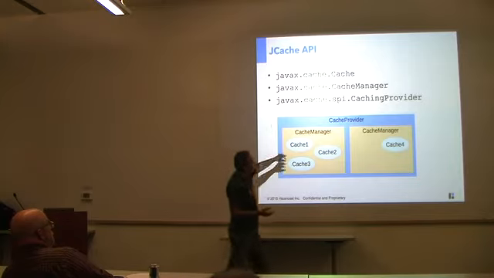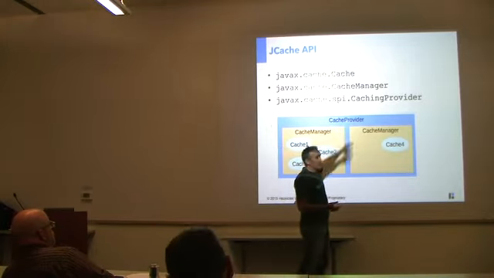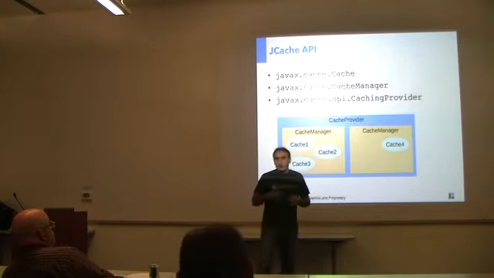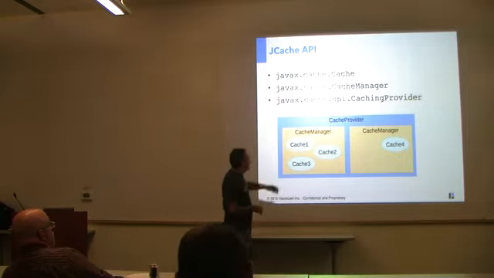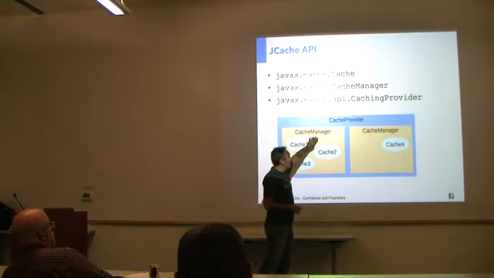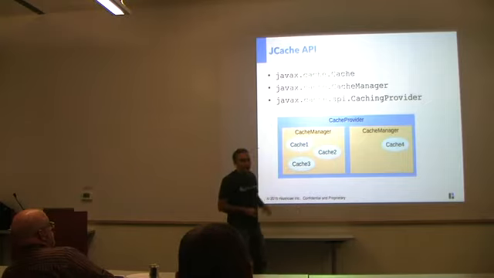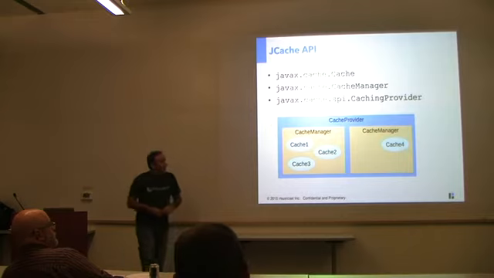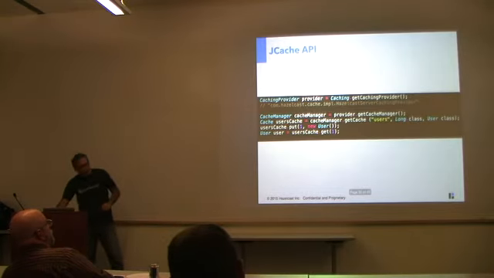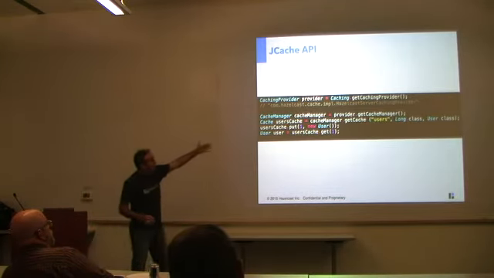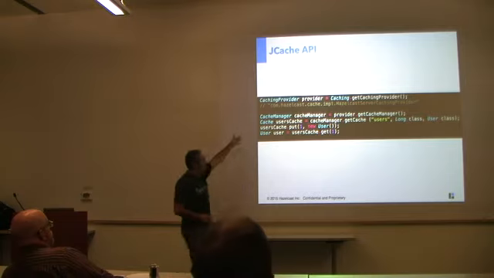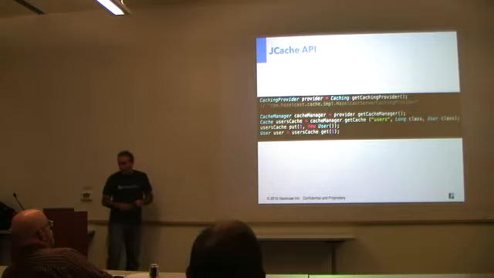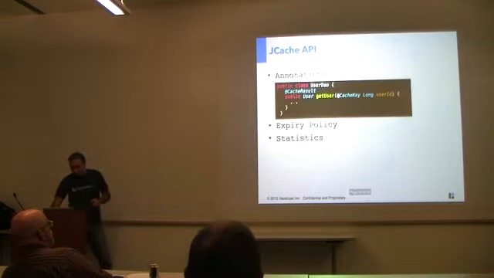So it looks like this. There will be a cache provider, like Hazelcast provider or Coherence provider, whatever. Then you'll create cache managers that will create the caches. That's pretty much what it is. You get the cache provider, and then the provider will give you the manager that will create the caches for you.